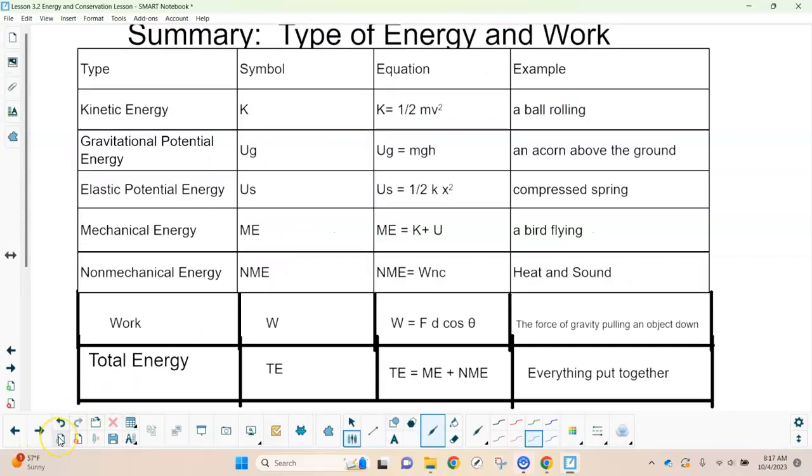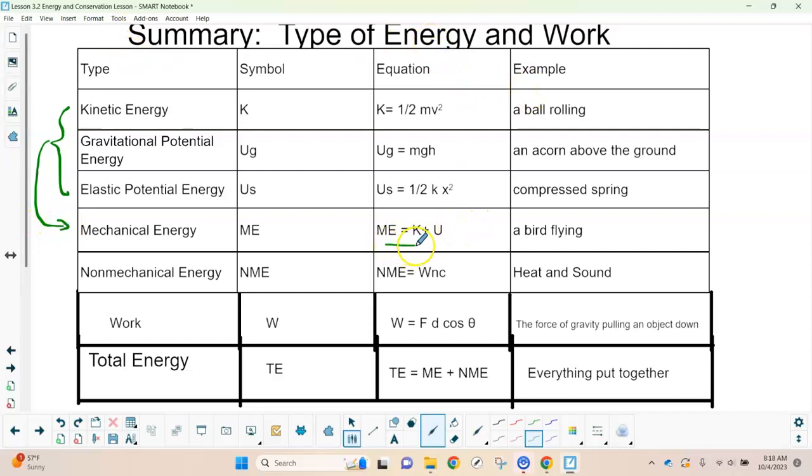All right, so we've talked about a lot of different types of energies. This chart just summarizes those ideas and gives you an example of them. Kinetic, gravitational, and elastic potential are all mechanical energies. Again, the formulas are there.